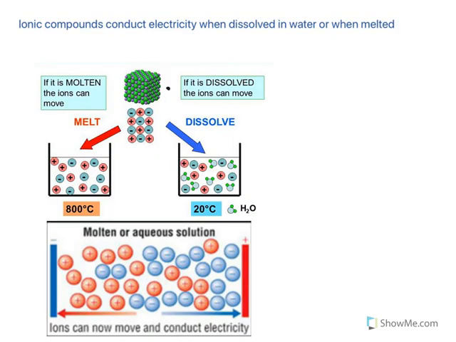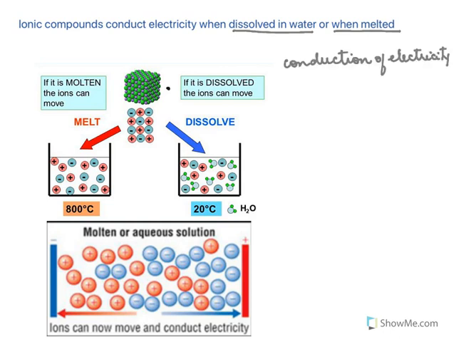Ionic compounds conduct electricity when dissolved in water or when melted. So we have already learned that ionic compounds are made up of ions, and the ions have a strong force of attraction, and these ions are not able to move freely.